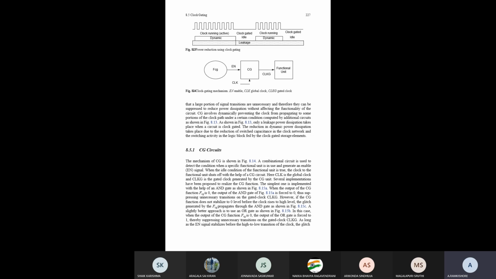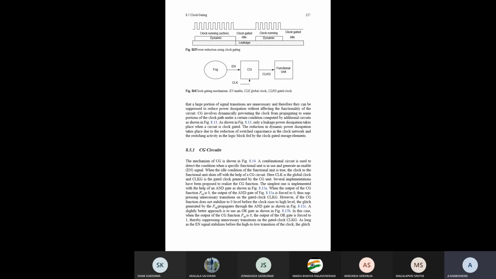If the clock signal is in idle condition, the circuit doesn't follow the process of the circuit. So the circuit is in a not working condition, and that will introduce leakage currents or leakage voltage within the device.